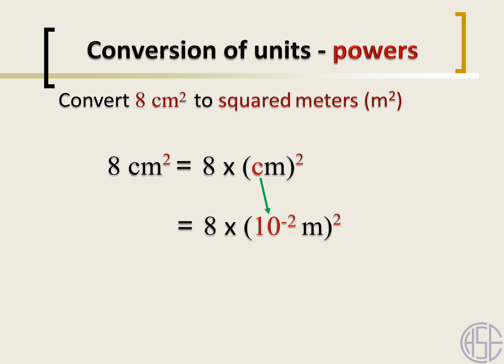So see the bracket there, centimeter has a bracket square. That square is applicable only to centimeter, not to the 8. Okay, so centi I have converted and I just put the bracket as it is. So this is the next step. I converted centi into 10 to the power minus 2, nothing else. Now I am going to remove the bracket.